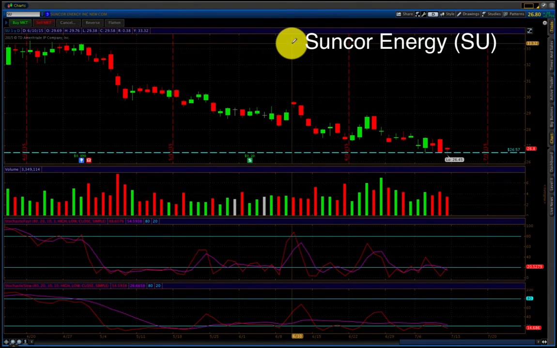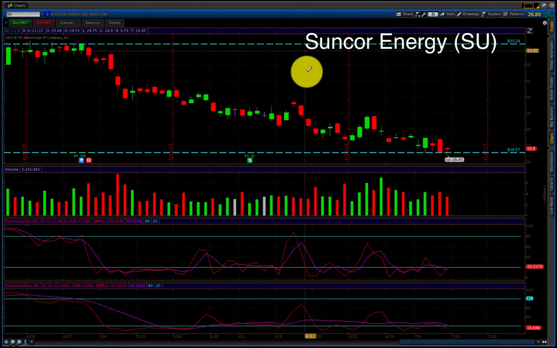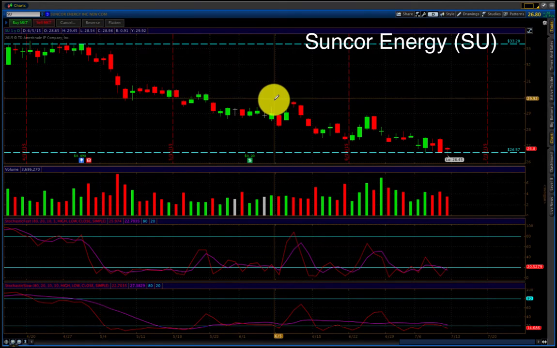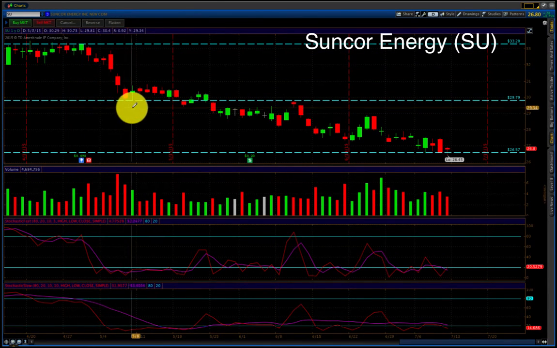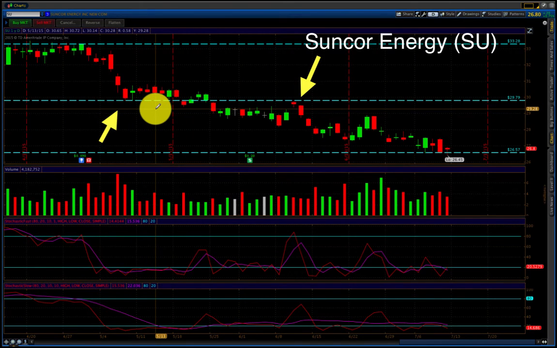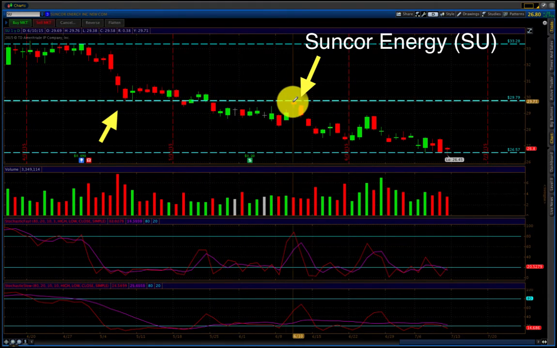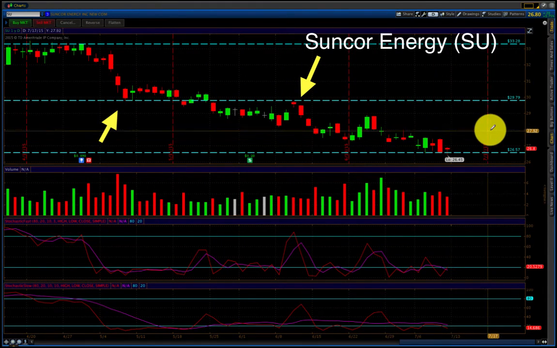I like to go high and low candles, usually ignoring wicks. This is kind of interesting though with the wicks. So here, this is support, some indecision here, resistance, and then it stays resistance.